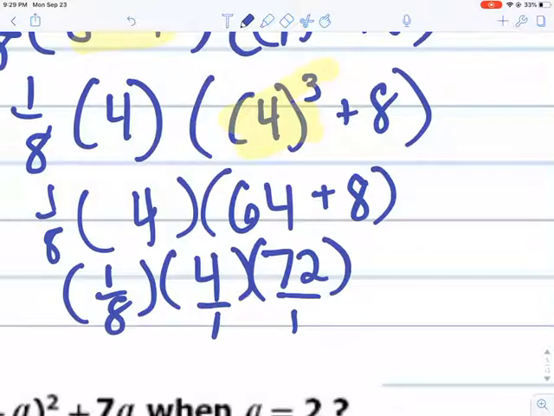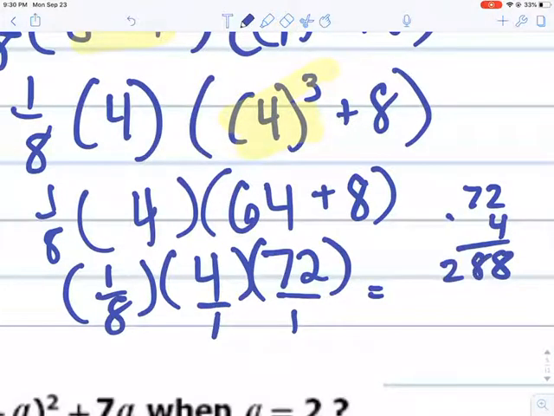You can do it that way, using some mental math strategies, or you can multiply across. So you could do 1 times 4, which is 4, and then 72 times 4, which is 8. Let's just do it quick. I don't want to pull the calculator out. So that would be 8 and then 28, so 288.